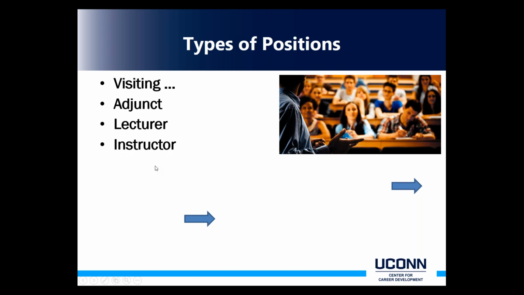And an instructor has typically completed most or all of their requirements for the doctorate, and most commonly it is an entry-level rank position. It's common to have that title for new faculty, and especially faculty who have the potential for academic advancement.